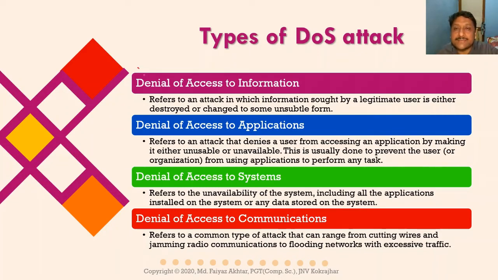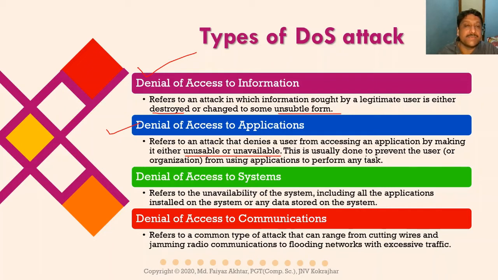Denial of access of information refers to an attack in which information sought by legitimate users is either destroyed or changed to an unusable form. Denial of access to applications refers to an attack that denies a user from accessing an application by making it either unusable or unavailable.